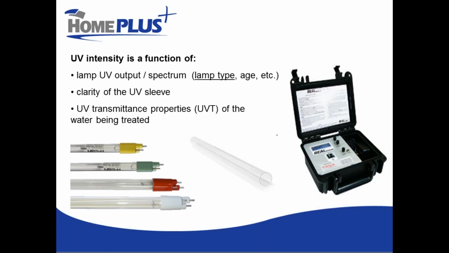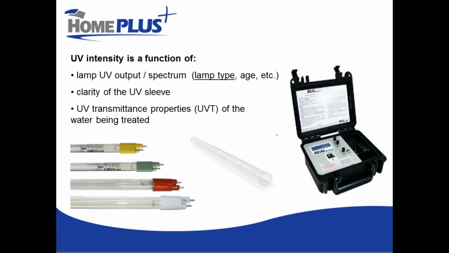Lamps degrade over time, much like a fluorescent lamp tube will get dimmer and dimmer over its life. Fortunately, with UV lamps, if you stay within the operating hours as recommended by the lamp manufacturers, you are usually very safe in terms of your lamp output. The big tail off in lamp intensity would happen after that lamp hour recommendation from the manufacturer.